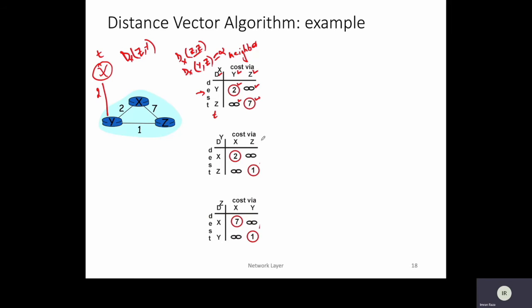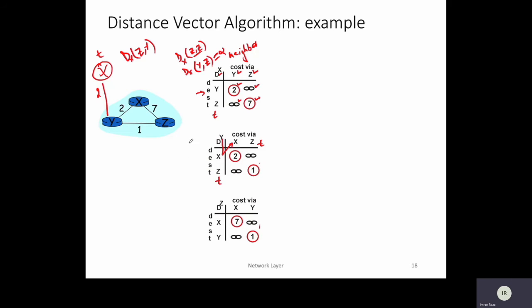We have to add T here as well, because T is the neighbor of Y and T is also a destination. So what is the cost to reach from Y to X via X?